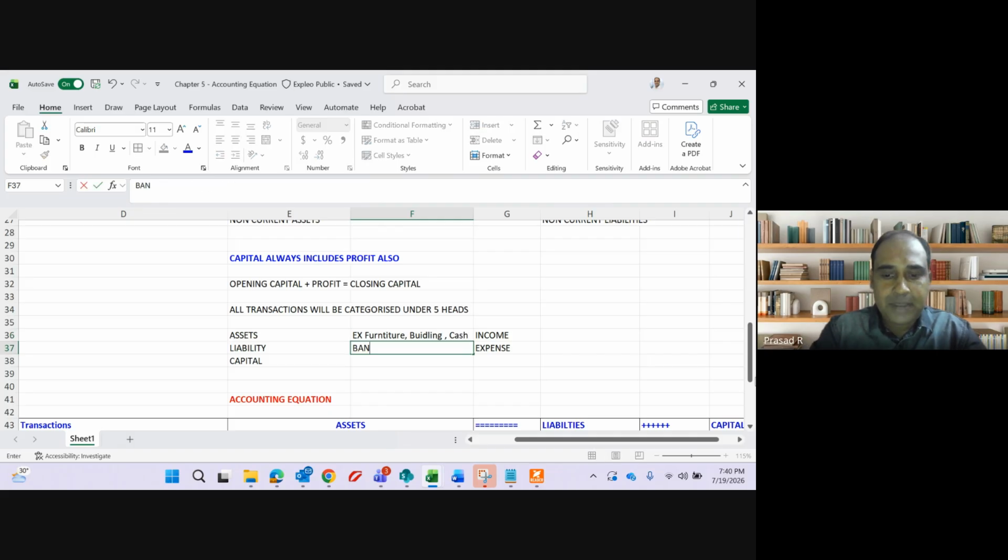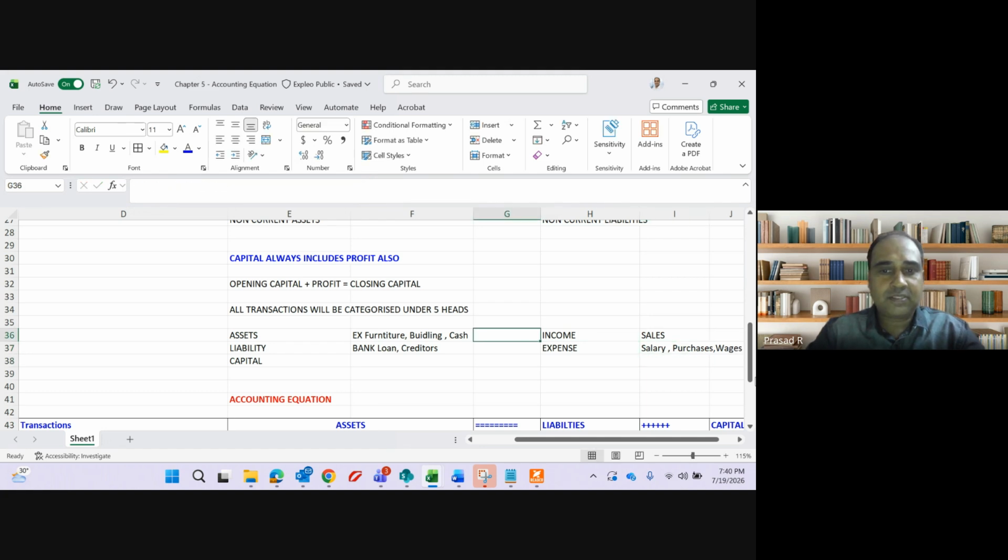Liability means bank loan, creditors. Capital means capital only. Income and expenses: income means sales. Expense means salary, purchases, wages. These are all examples.